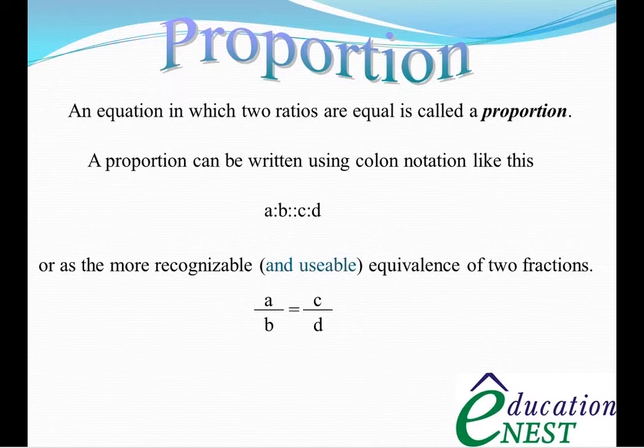A proportion can be written using the colon notation, which is A is to B, then the proportion sign, and then C is to D. Or as the more recognizable and usable equivalent of two fractions, it could be written as A upon B is equal to C upon D.